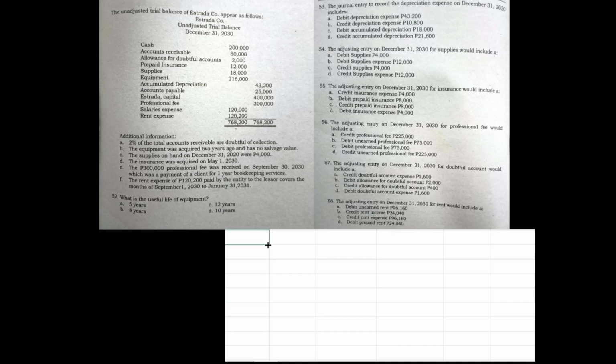Okay, so kung nagbasa kayo nitong regarding the provision for doubtful accounts, meron kasi tayong tatlong ways to compute our provision for doubtful accounts. Meron tayong tinatawag na based on account receivable, no?